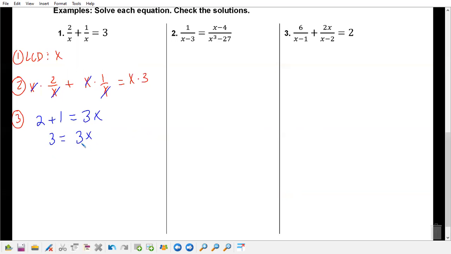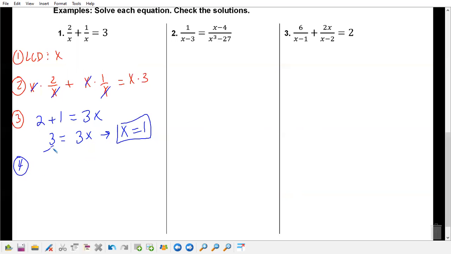At this point, could I stop and answer the question? Yeah. Is it necessary for me to go through the rest of the steps? No. At this point, you can tell me the answer is what? 1. x equals 1. If you chose to go through the steps, you're going to end up at 1. But using your skills, you can be like, oh, okay.